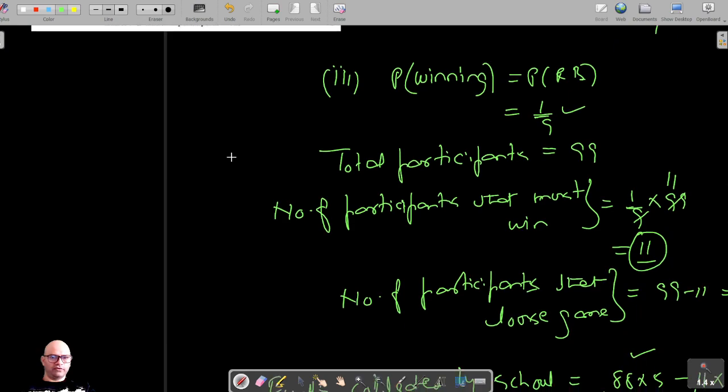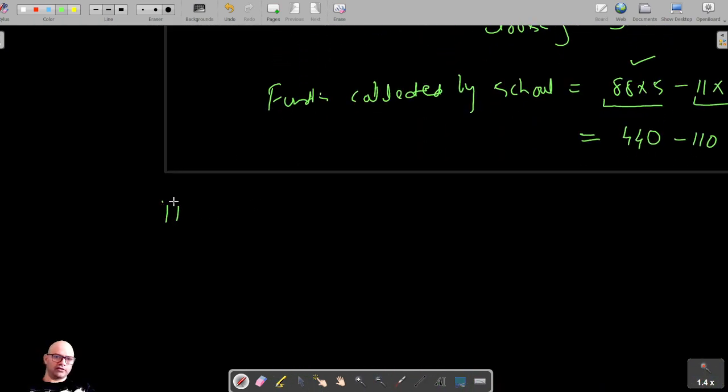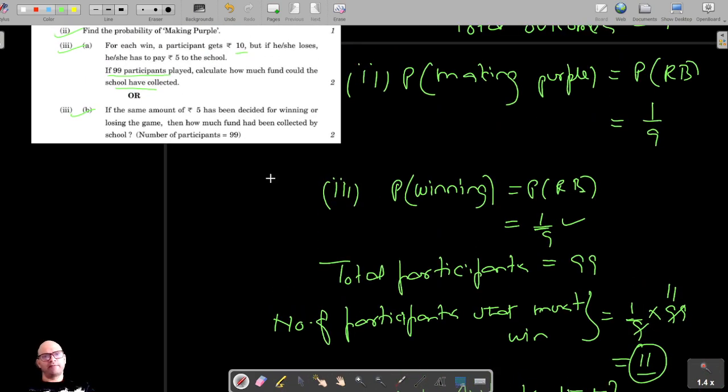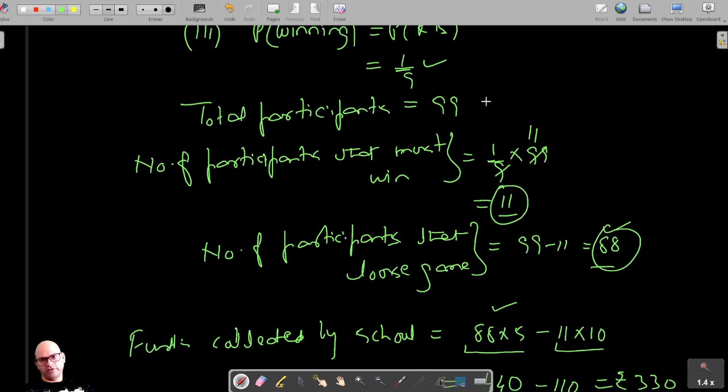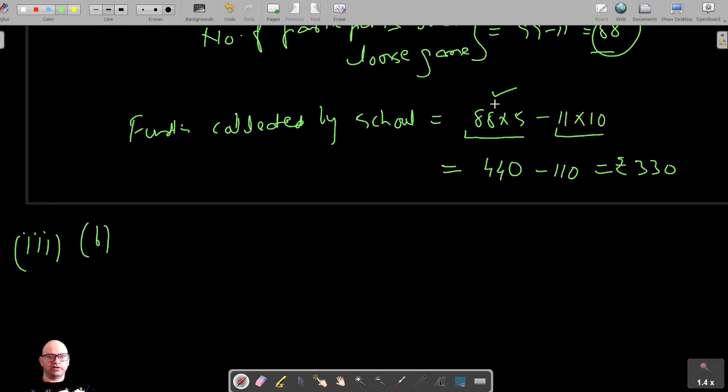Now for third part B, it's given that if the same amount of rupees 5 has been decided for winning or losing the game, how much fund had been collected by the school, with the number of participants still the same? We have to make changes just here.